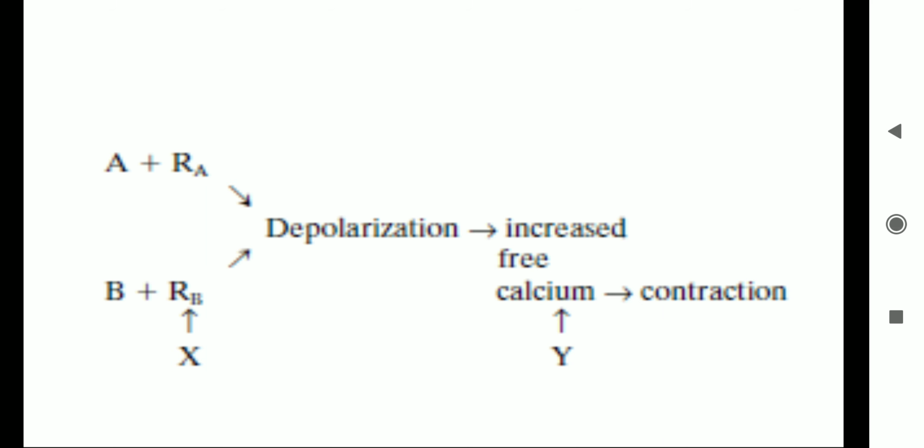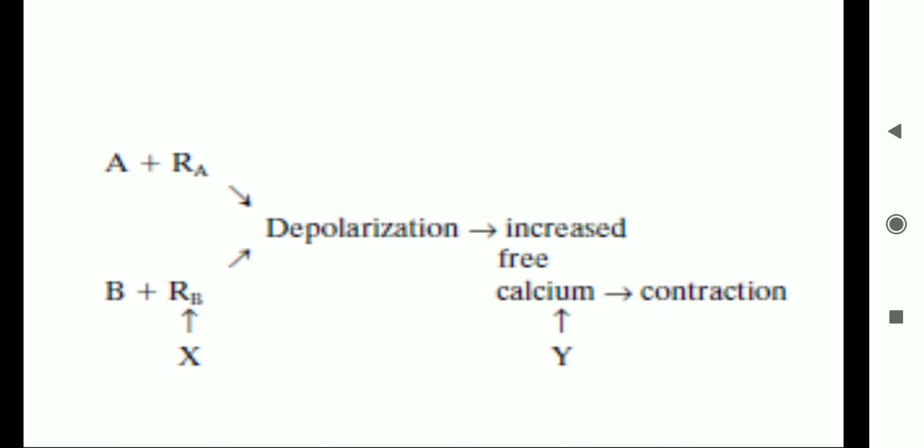Or else, a non-competitive antagonist can also stop a particular reaction in the middle of the cascade of the cycle of the reaction.